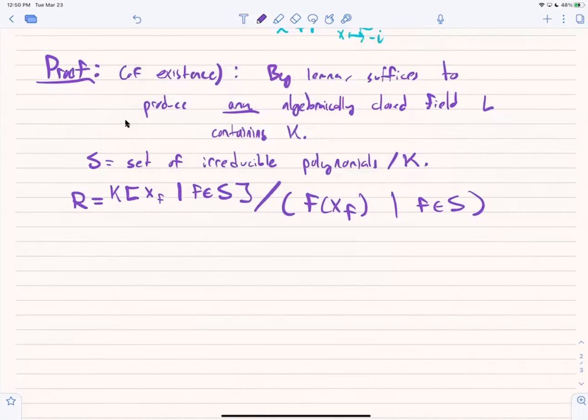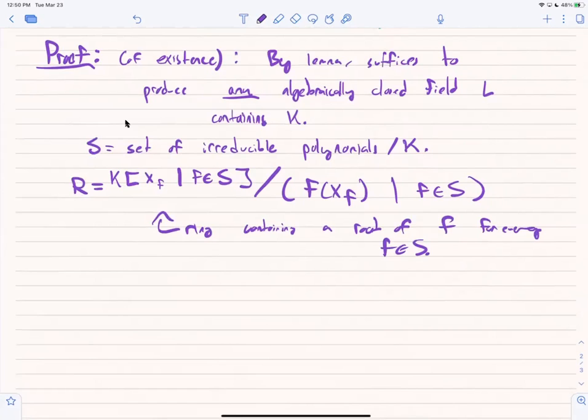Okay, so this is a ring containing a root of f for every irreducible polynomial f. But I want a field, and I have a ring.